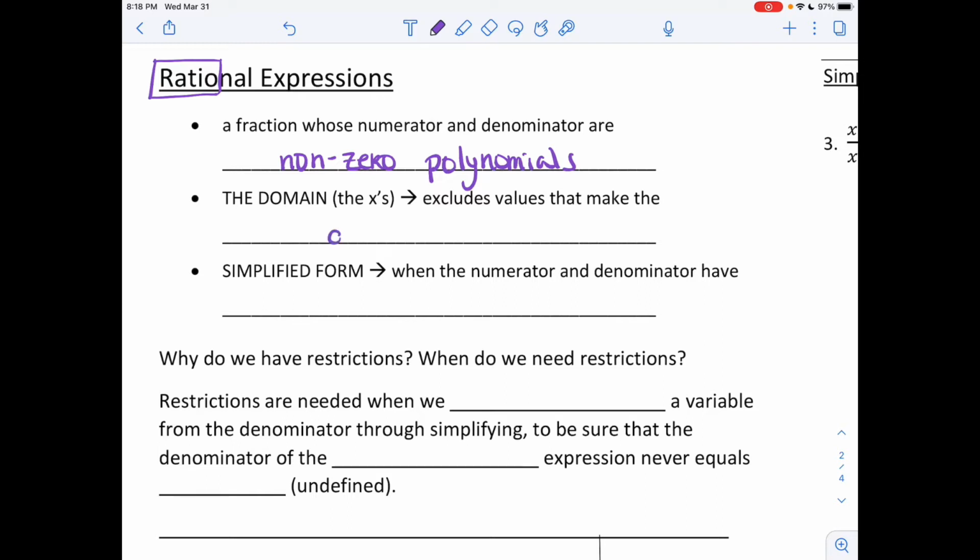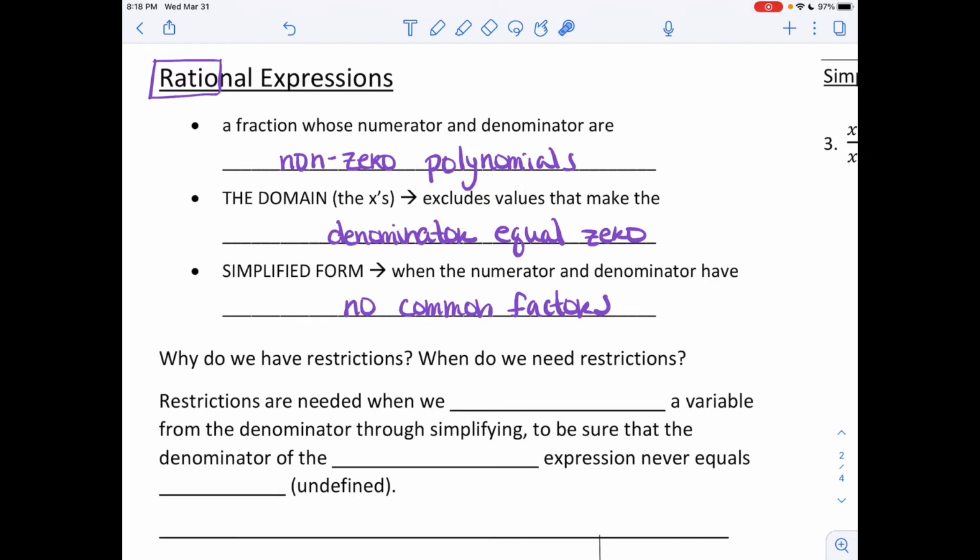So we don't ever want the denominator to be 0. Finally, we will be finished with simplifying a rational expression if we don't have any common factors left, so no common factors.